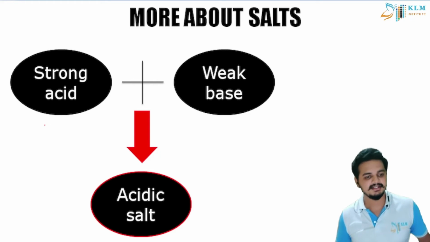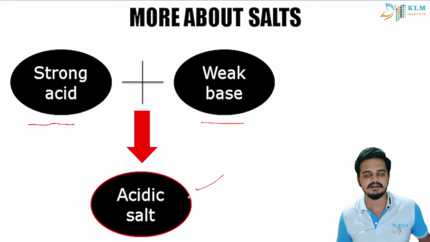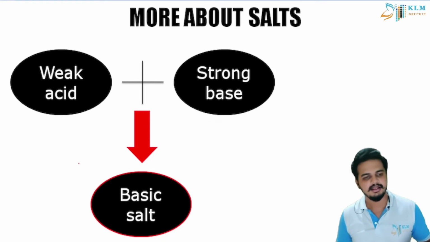But if a salt is formed by a strong acid but a weak base, we get an acidic salt, which has pH lesser than 7. If we reverse it, that is we take a strong base and a weak acid, we get a basic salt, students, whose pH is greater than 7.